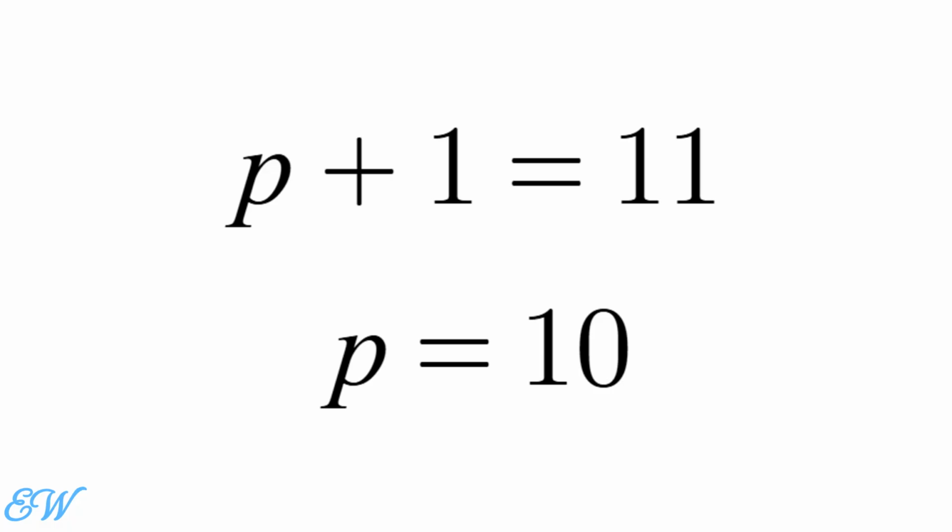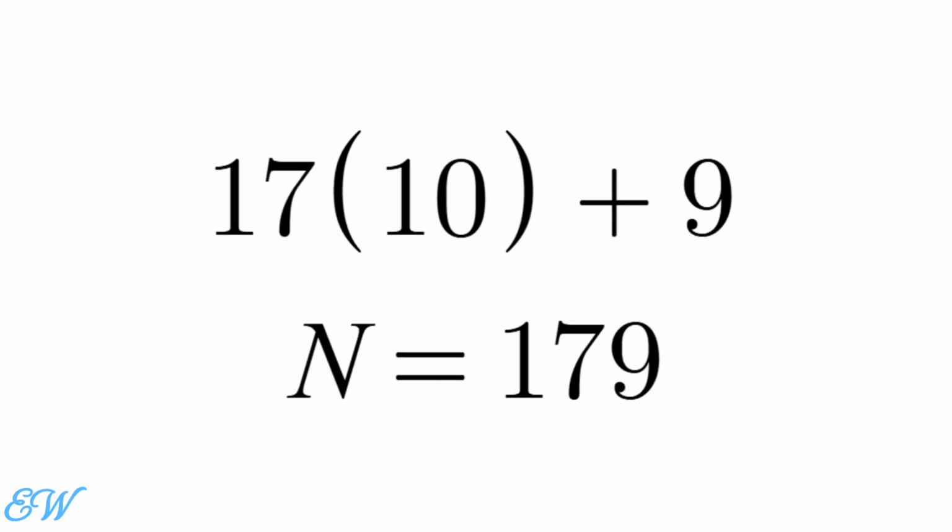So we know that it does not divide 6, so it must divide p plus 1. So we can set p plus 1 equal to 11, and we get that 10 is our p-value. So now we can plug in 10 back into our original equation, and we get that for this question, 179 is the minimum possible value for n.